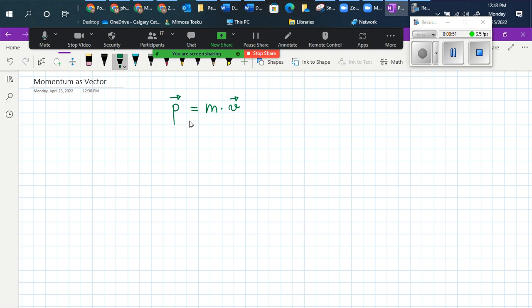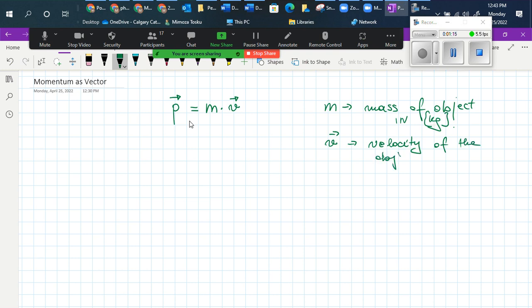So in this case, m is the mass of the object in kilograms, and v is the velocity of the object. P is known to be momentum.